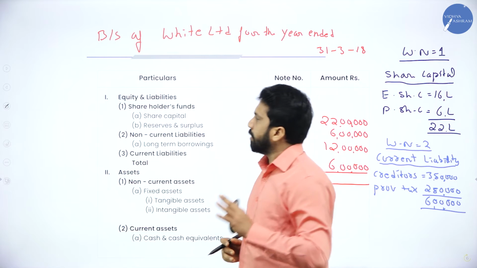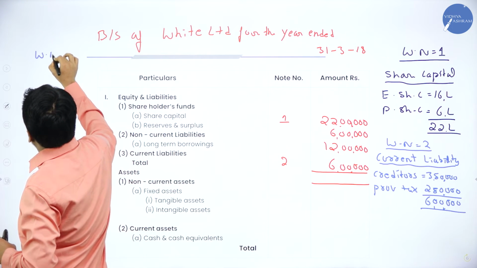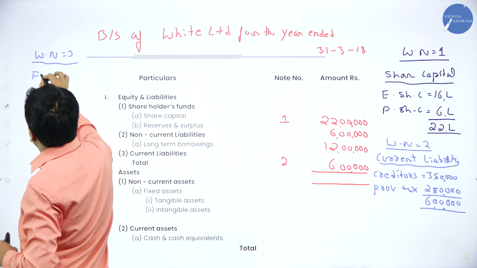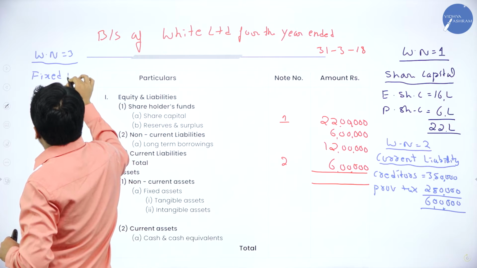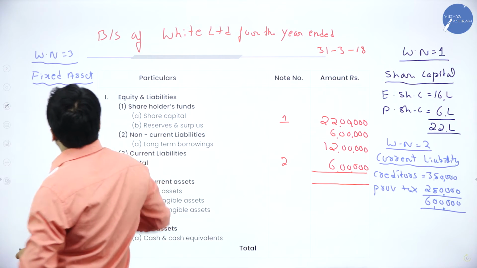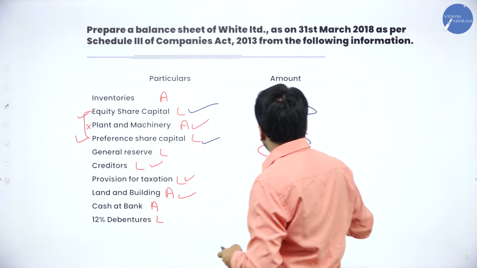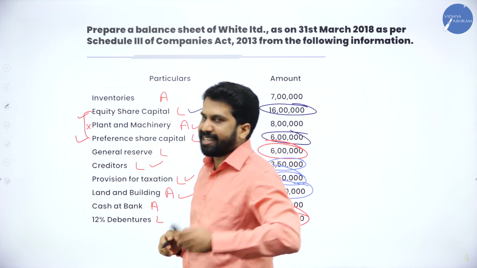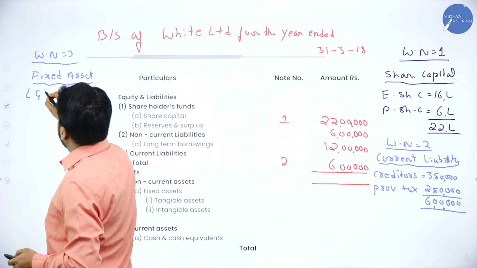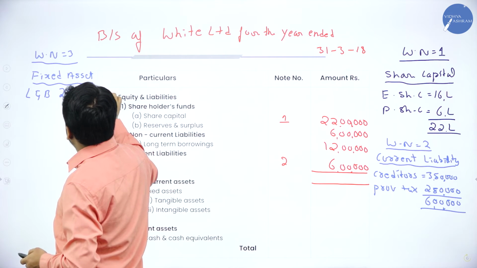Easy to learn. Now the working note for fixed asset, working note number 3 for fixed asset. So what are the fixed assets you have? The first fixed asset you have land and building, 26 lakh. It is done.